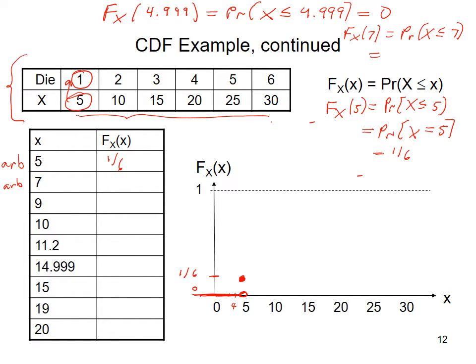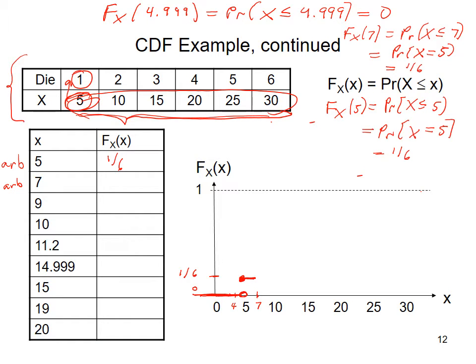But we notice that the only value of x that's less than or equal to 7, so I'm comparing all these values, the only one is 5. That's the only value of x that x actually takes that's less than or equal to 7. So this becomes the same as the probability x equal to 5, and we decided that was 1/6. So when I'm over here at 7, in other words, the answer is still 1/6.